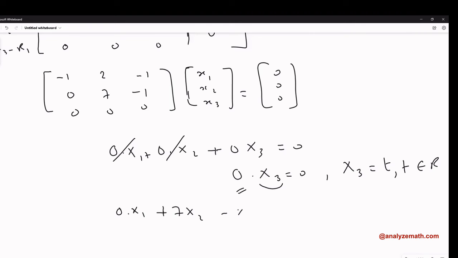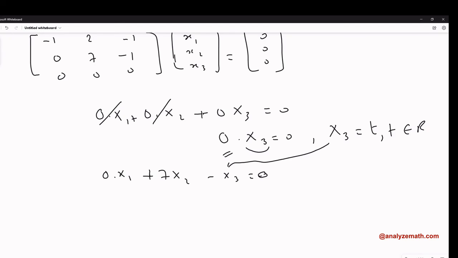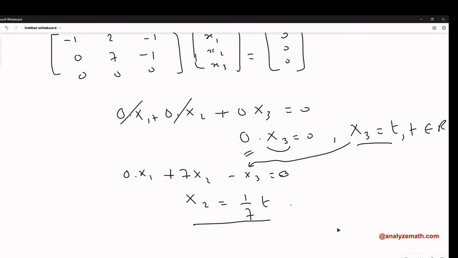Now I substitute x3 by t here, and then I solve, and that gives me 1 over 7 t. That's for x2. This is x3. Now for x1, I use the first row by this column, the first equation if you want. So I write it down first.